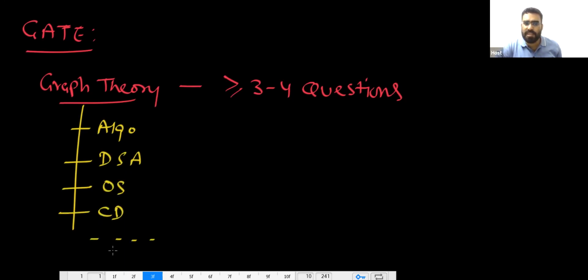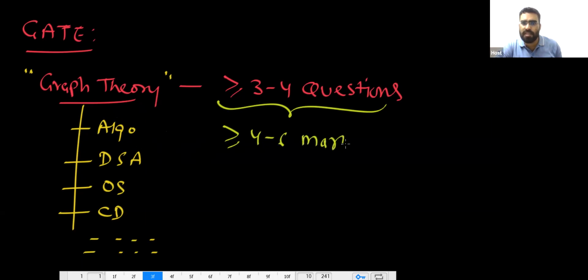You just mention the subject and this graph theory will be used. This is a very useful field of mathematics and has many applications. That is the reason you will find at least 3 or 4 questions from graph theory in the GATE exam, which automatically means almost 4 to 6 marks.